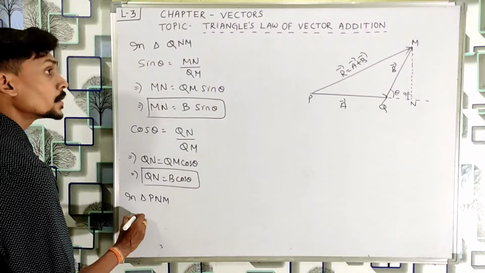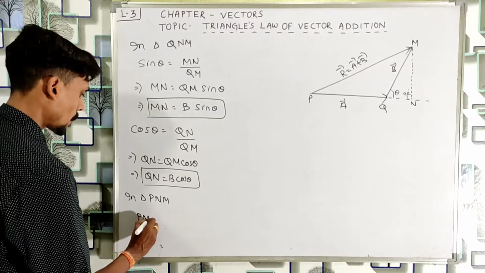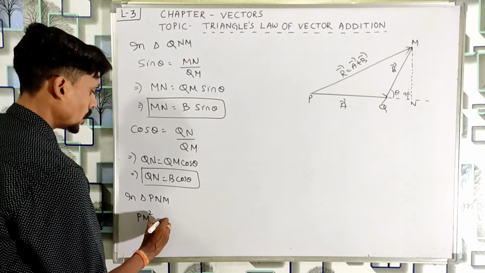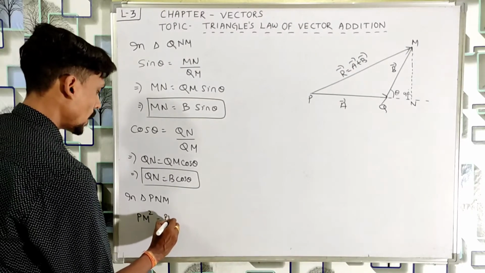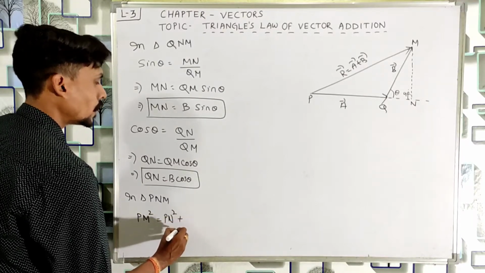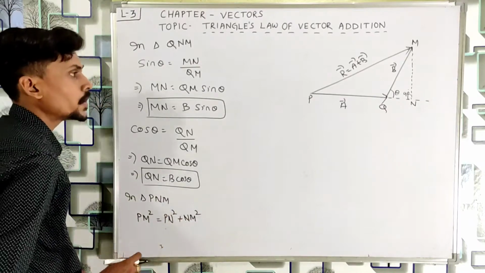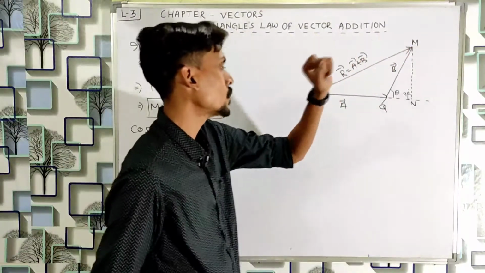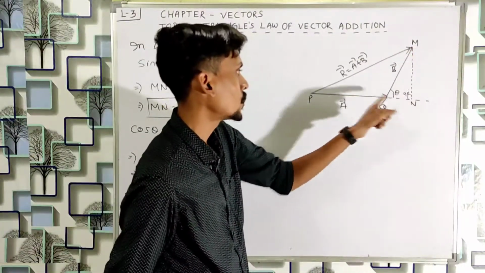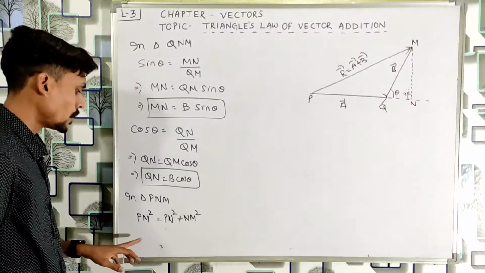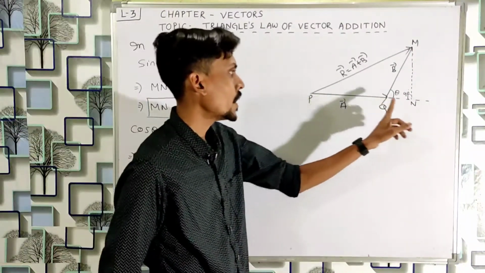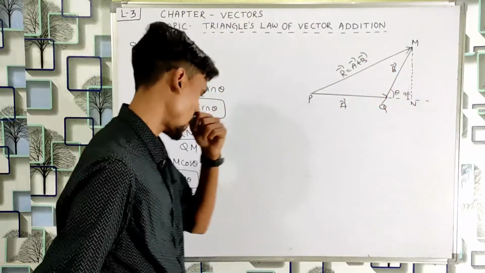Means I can write PM square is equal to PN square plus NM square. PM is the hypotenuse of this larger right angle triangle. So PM square will be how much? PN square plus NM square.